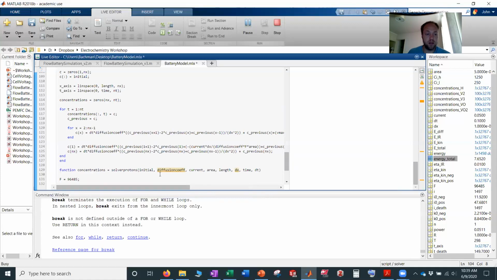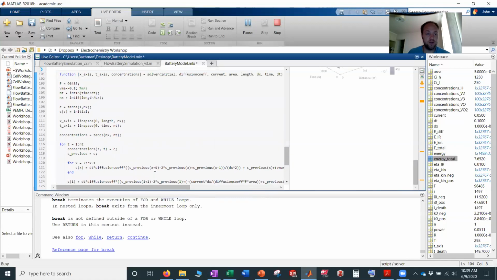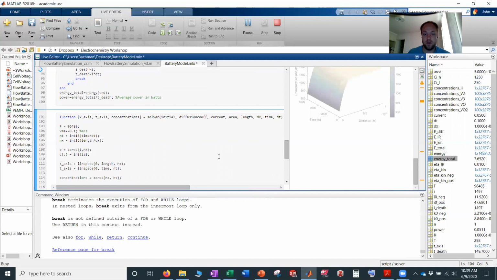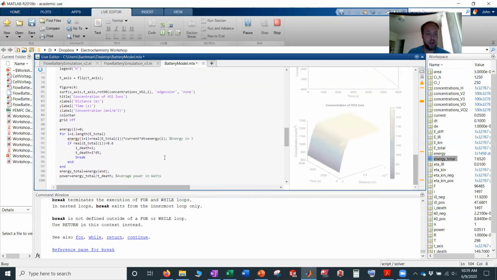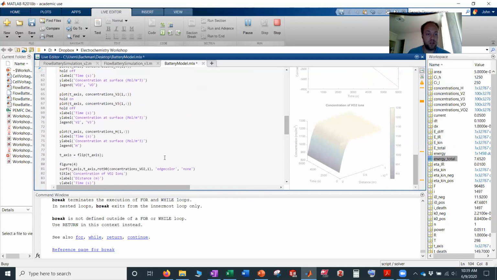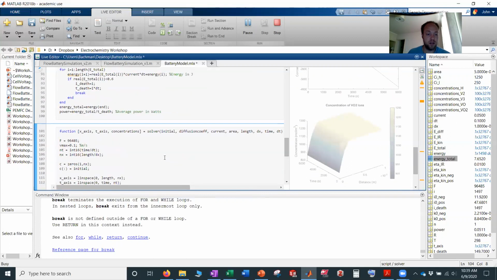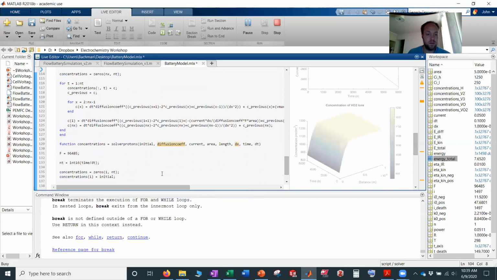At some point it might get a little wonky if you start flowing things too fast. I'm a little surprised that this V2 concentration is still dying at the surface.